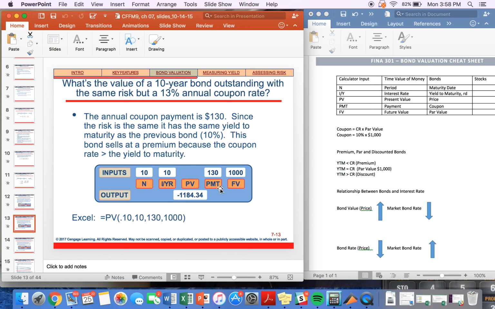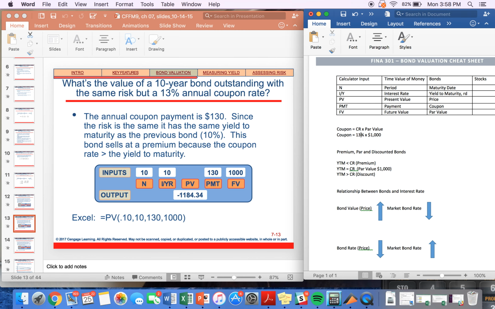So remember, we take that nice little equation that I gave you here, and we're going to plug in 13% times 1,000, and that's where we get that coupon of $130, okay? So before we even solve for this, before we even plug it into our calculator, we could look at this rule and say, okay, my yield to maturity is less than my coupon rate, therefore my bond is going to be worth more than $1,000, or what we call premium, okay?